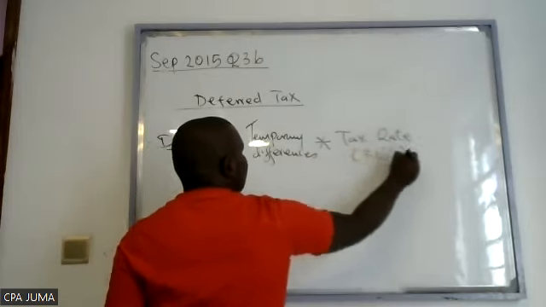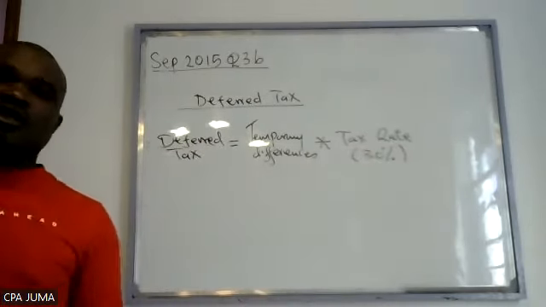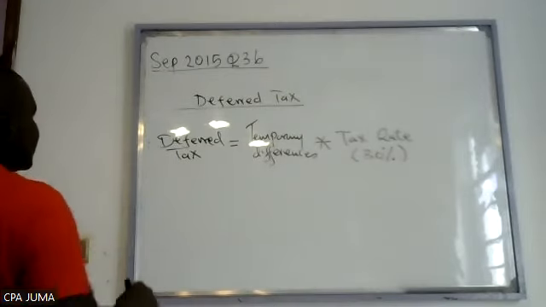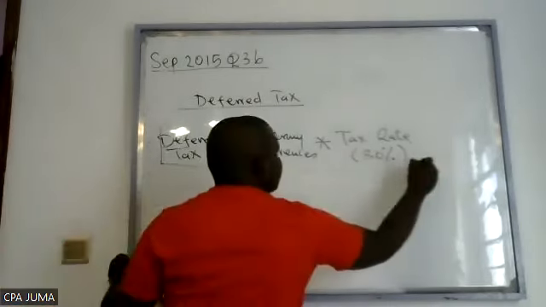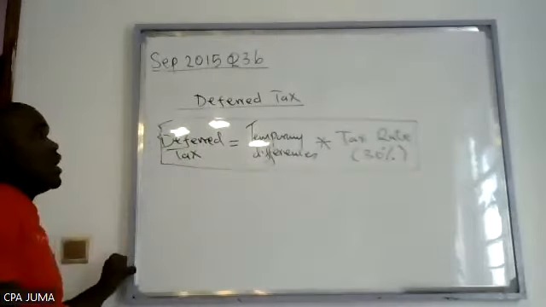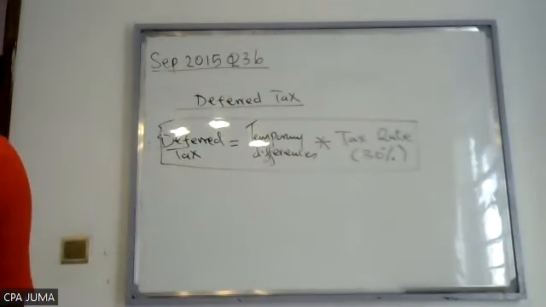Unless otherwise stated, the tax rate we are going to maintain at 30%. So block that out. This is going to be very important for us. Have that one there. That is how you calculate the deferred tax.